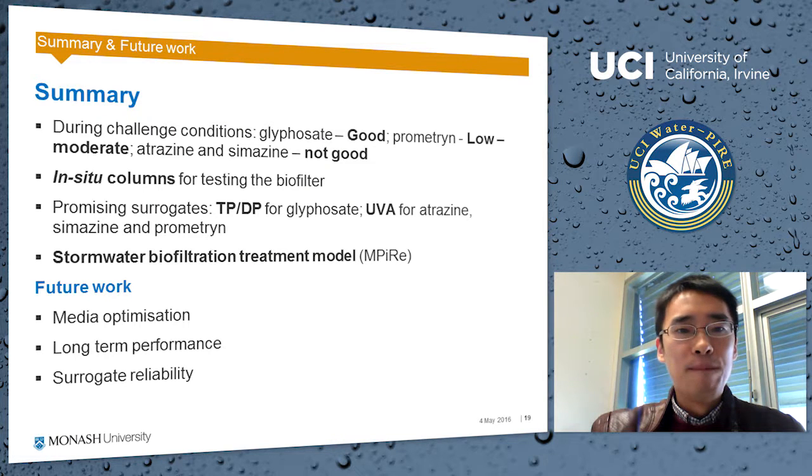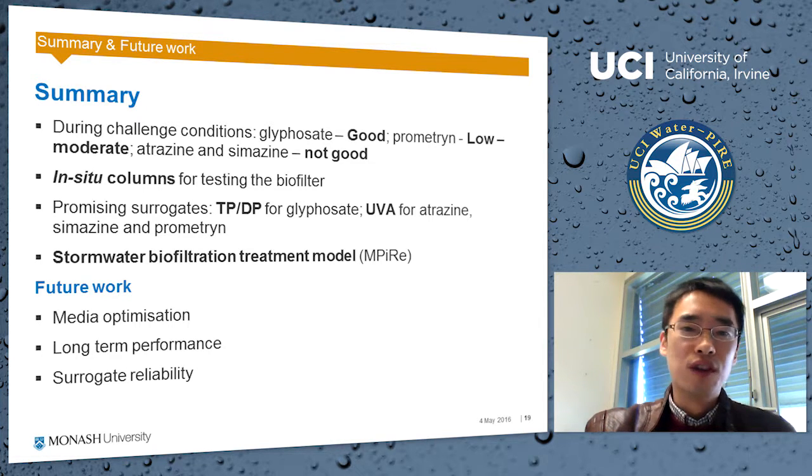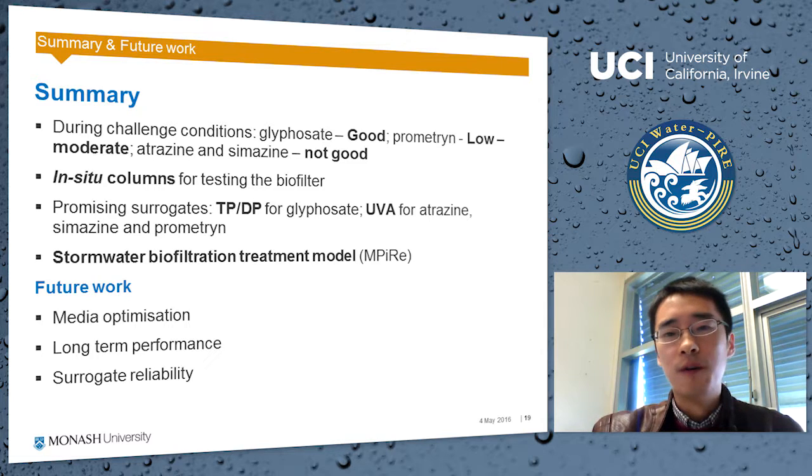So, to come to the conclusion: we found that stormwater biofilters are good at removing glyphosate. However, they are not very efficient at removing atrazine and simazine. The in-situ columns we developed could be a good tool to test pollutant removal in field biofilters.